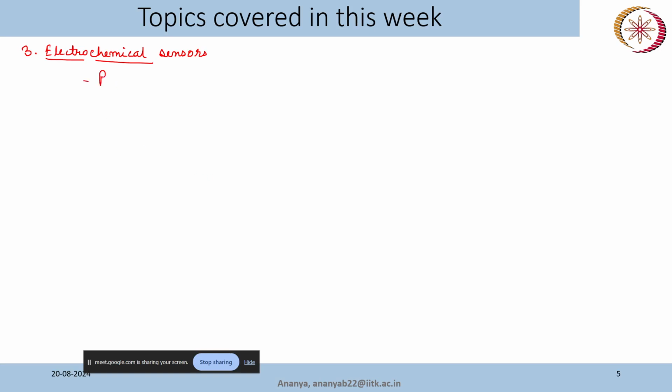So the first one is the potentiometric sensor, the second is the amperometric sensor, and the third one is the conductometric sensor. What happens, as the name suggests, in a potentiometric sensor? The voltage in the system changes based on the concentration of the target analyte.